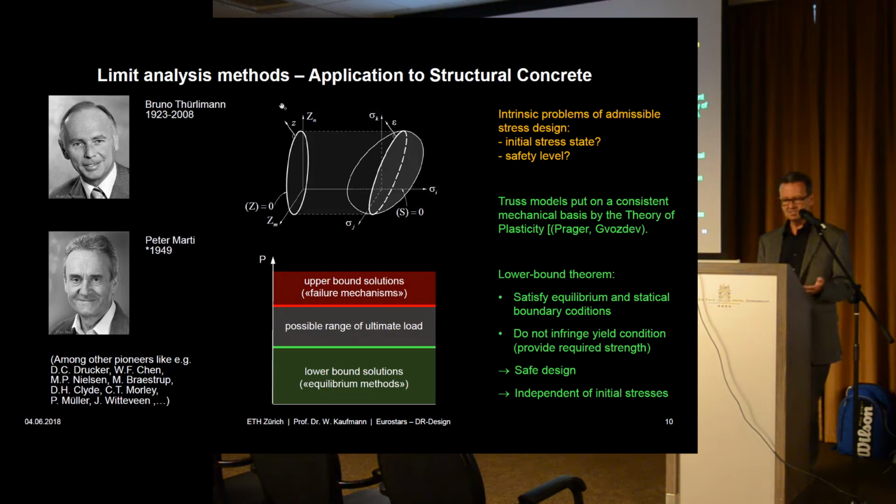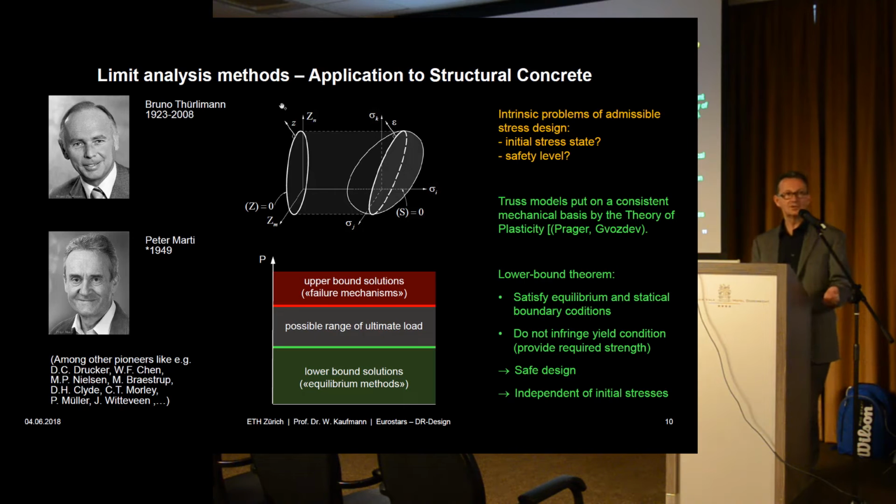And he came to ETH Zürich in concrete structures, and he dared to apply this theory to concrete structures. And of course, in the beginning, there was fierce opposition to that, because, as I said, everyone knows this is not an ideally plastic material.